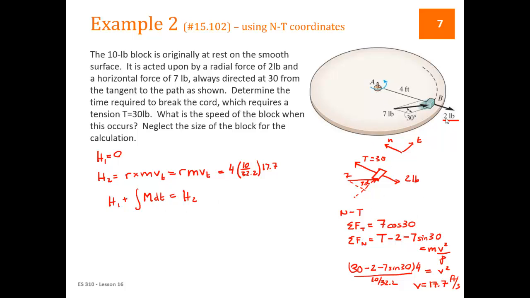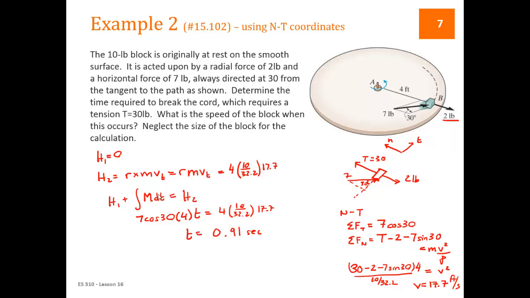Because the normal forces don't cause a moment because they're parallel with the radius. So the tangential force is 7 cosine of 30. The moment is created because there's a radius of 4. So the integral of dt, that's just times t, is equal to 4 times 10 over 32.2, times 17.7. The only unknown is t, so we can solve for our time and get 0.91 seconds.